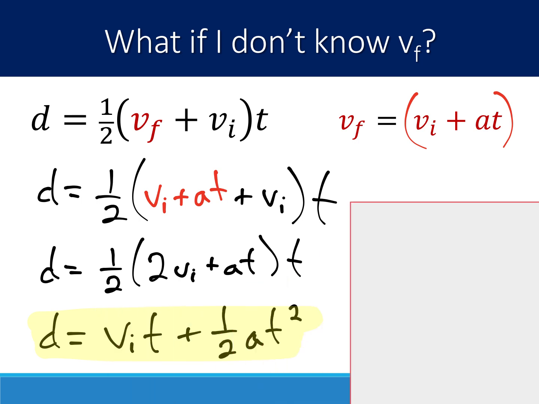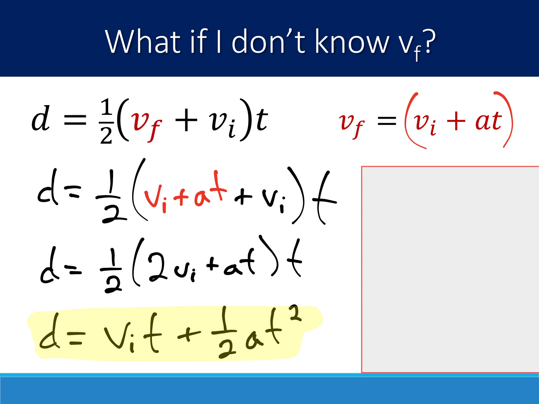And lastly, I can even clean it up more by multiplying the t's together for t squared, and I can distribute that half. So now I end up with an equation that doesn't have the final velocity term. This is another one of our kinematic equations, a quick derivation.